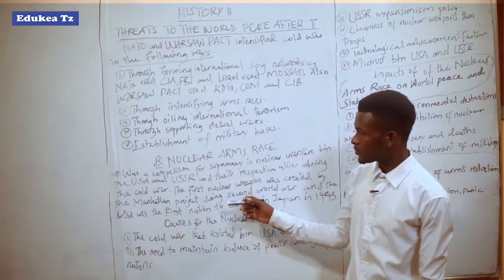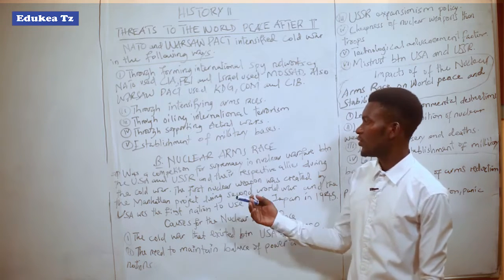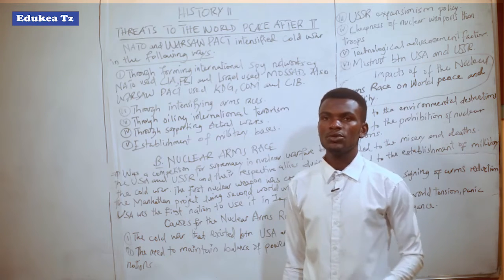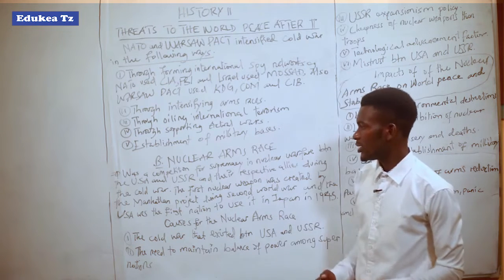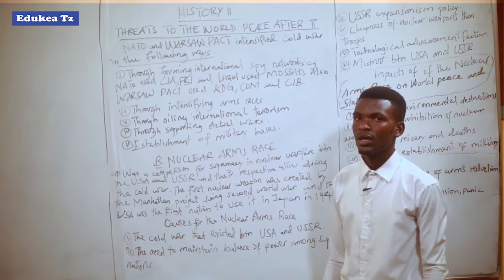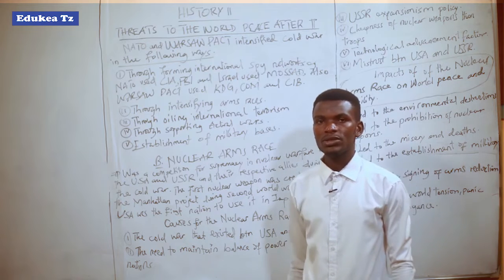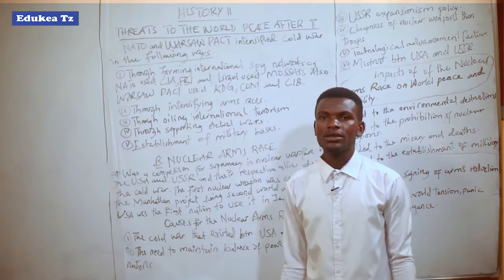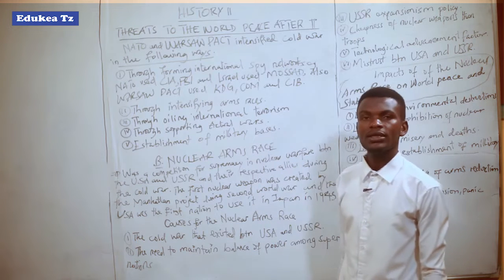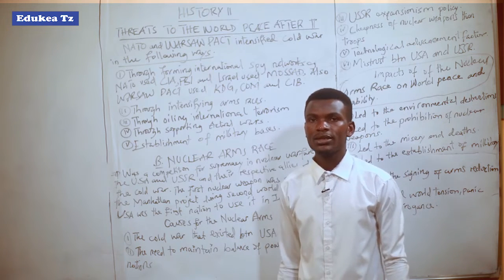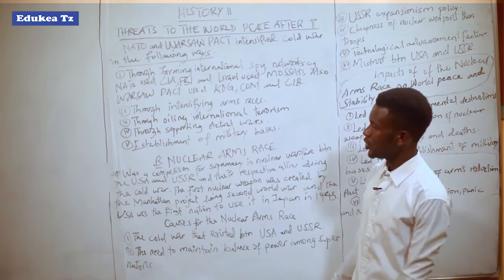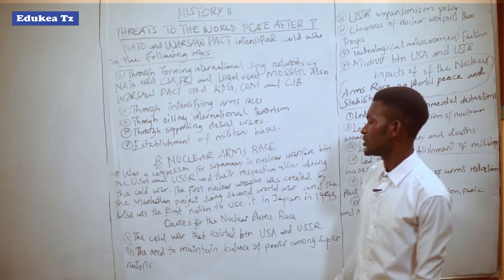So this was the competition for supremacy in nuclear warfare between the USA and the USSR. You can see how those nations were competing in the production of nuclear weapons. On the other side, the USSR came up with intercontinental ballistic missiles, tested in Kazakhstan and Balapan. That showed the nuclear arms race.